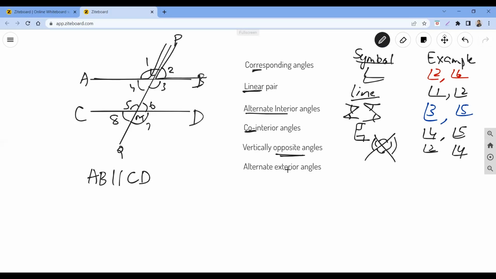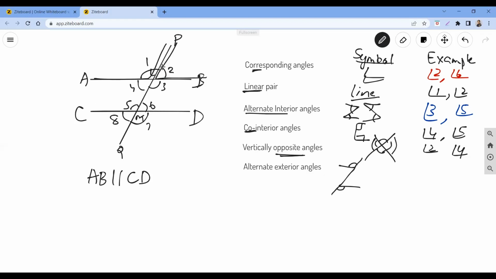Next thing is alternate exterior. Now, alternate interior, we know, is always a Z, and interior means inside the Z. Now, exterior means outside the Z. So I just extend it like a horn, extend this, and outside the Z, whatever I'm getting, that is the alternate exterior angle.